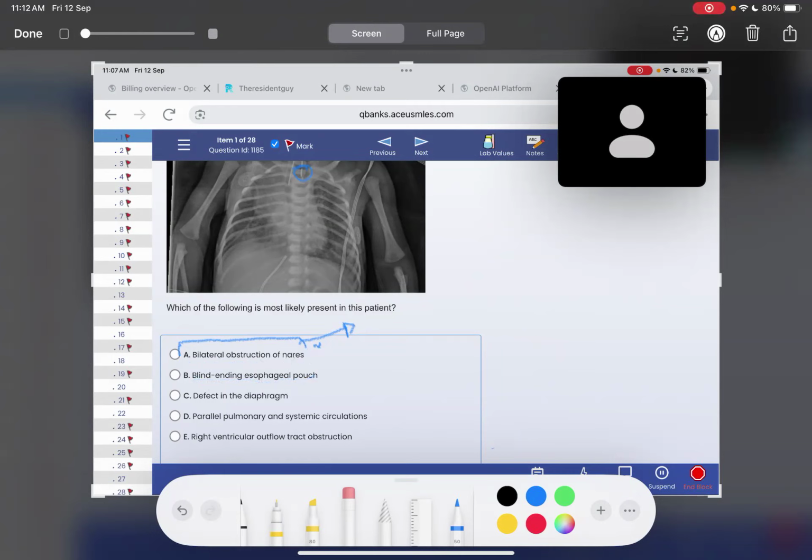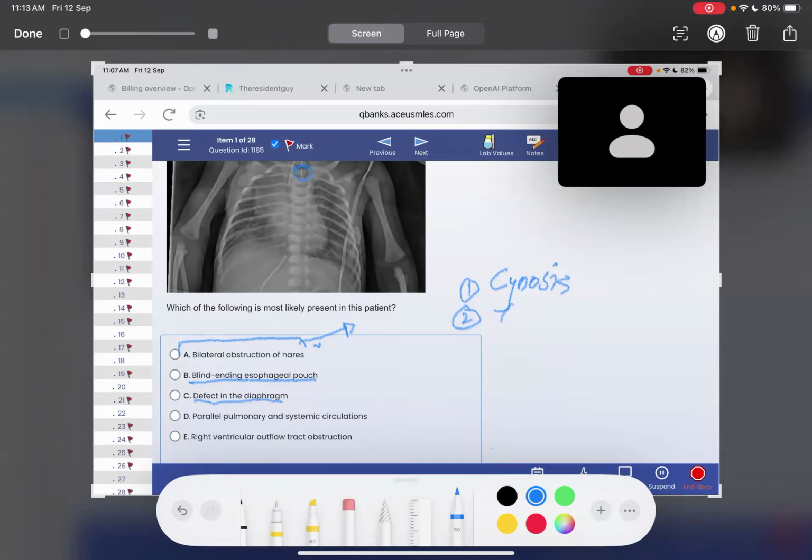We've discussed it. Okay, now this option. What is the defect in the diaphragm? In the diaphragm, if there is a diaphragmatic hernia, there will be at most two important signs. There will be cyanosis directly after birth, and secondly, there will be respiratory distress.